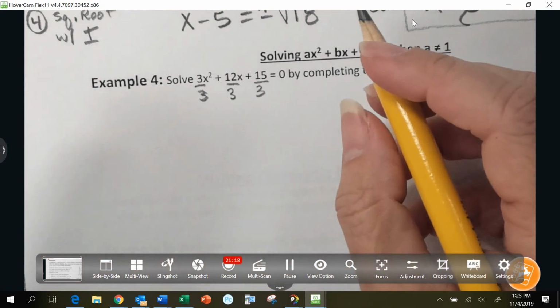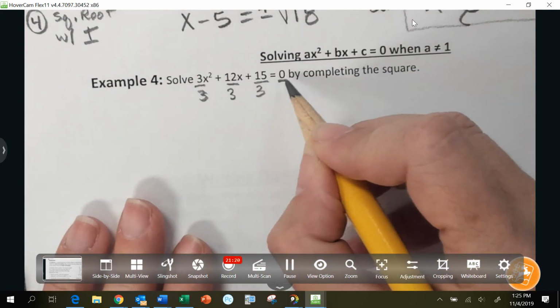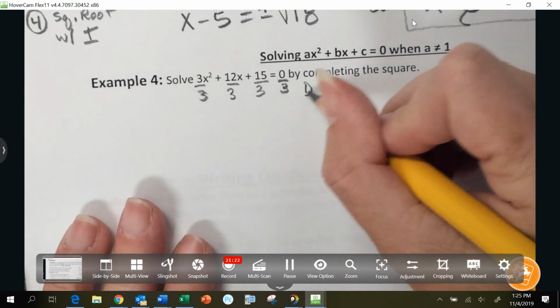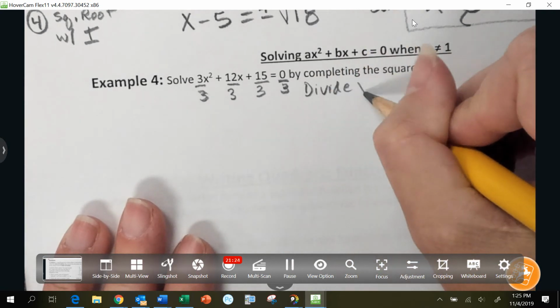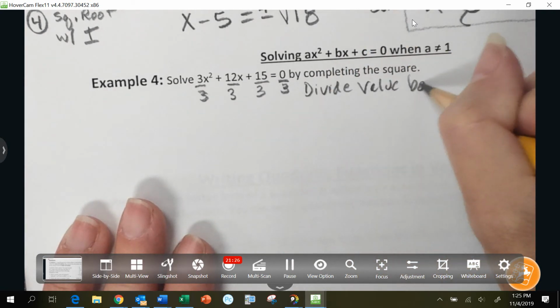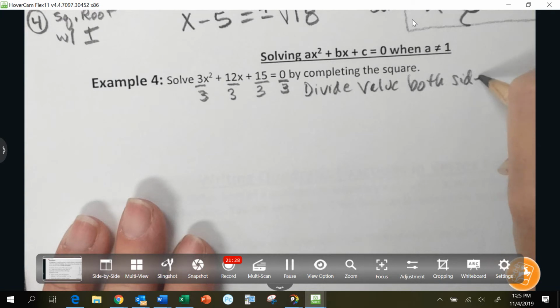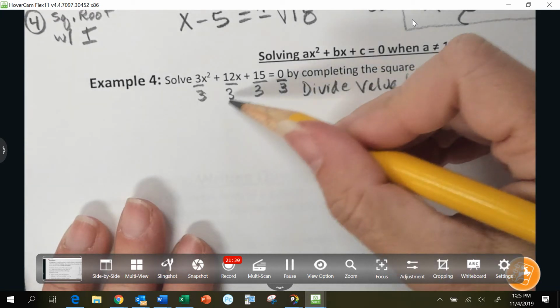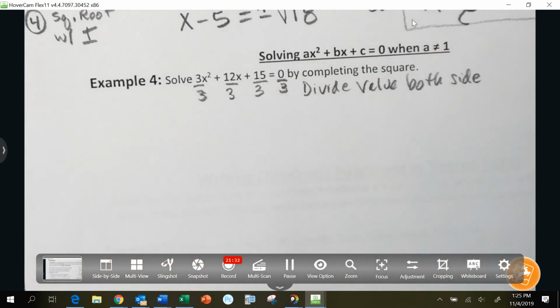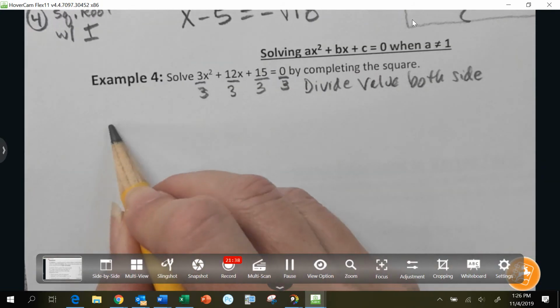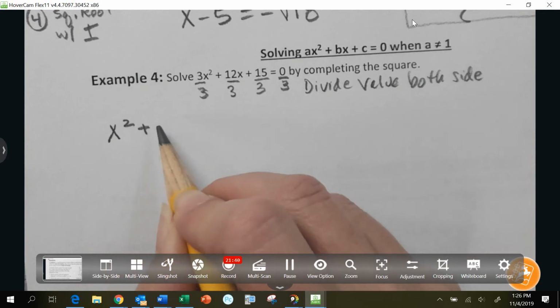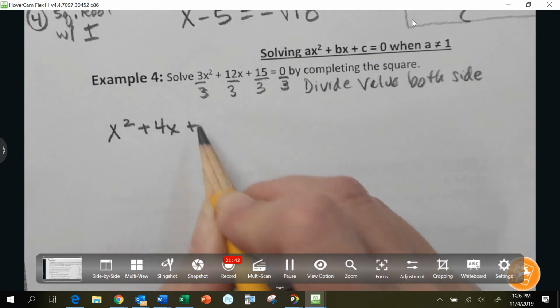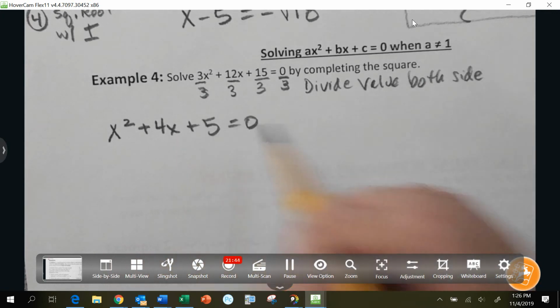And you know what? I'm not even going to take it out. I'm going to divide it from both sides. This is one method, but if it doesn't divide into nice numbers, you wouldn't want to do that. But the ones I gave you today divide into nice numbers. So we divide that out. We are left with x squared plus 4x plus 5 equals 0.